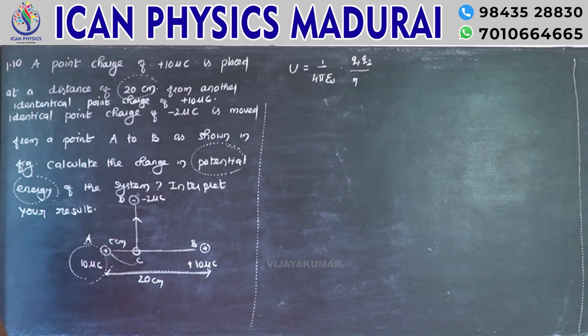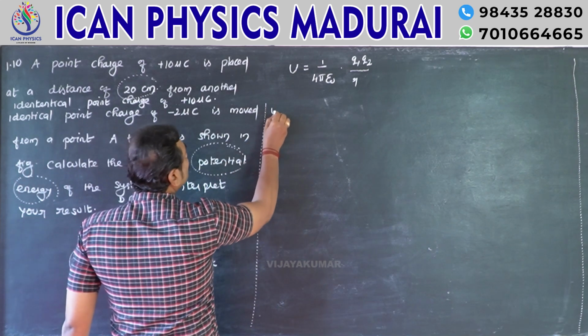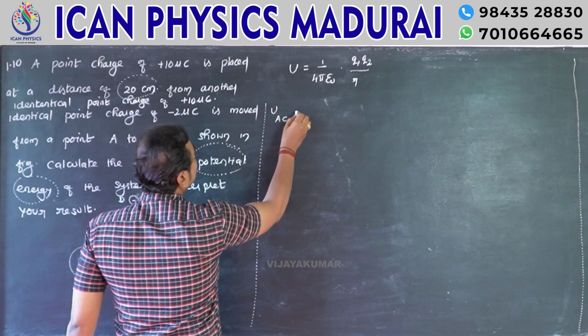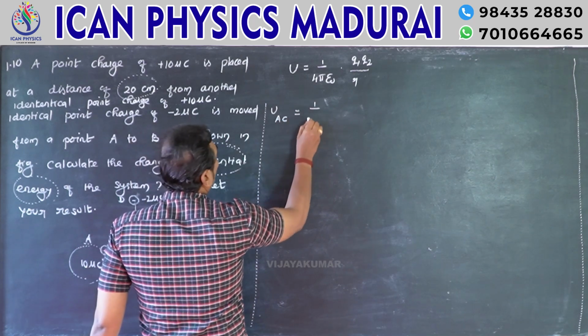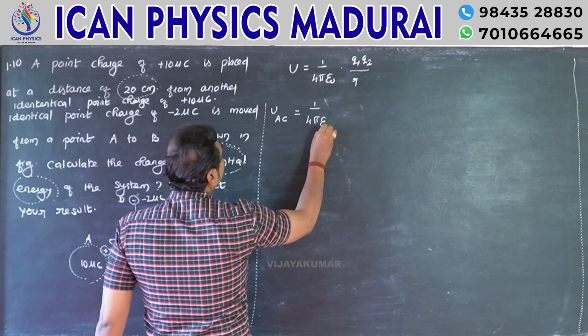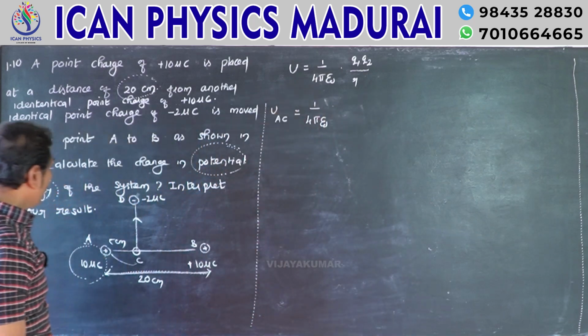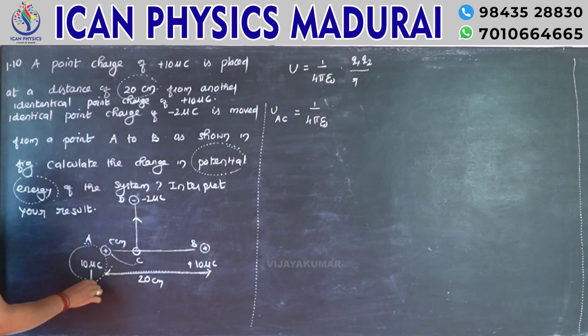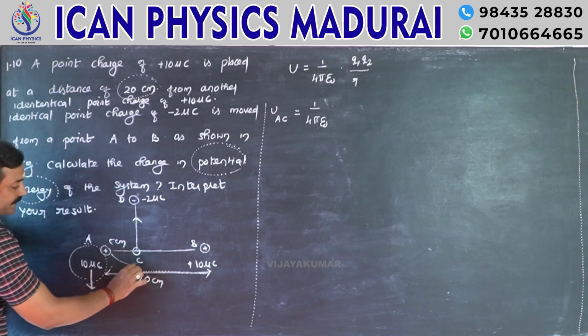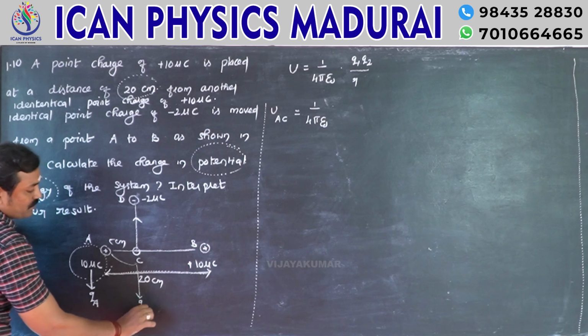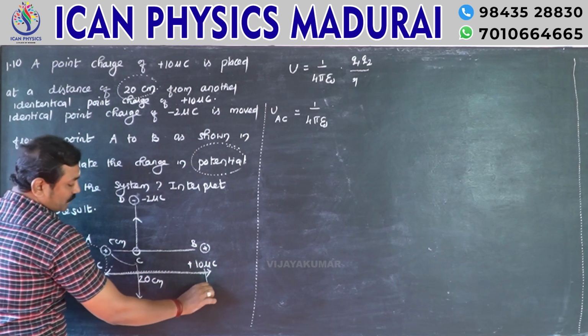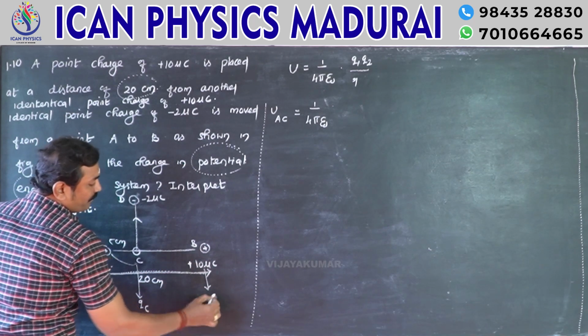A and C. So U of A and C is equal to 1 by 4 pi epsilon 0. Now the charge is taken as QA and this one can be taken as QC and this one is taken as QB.